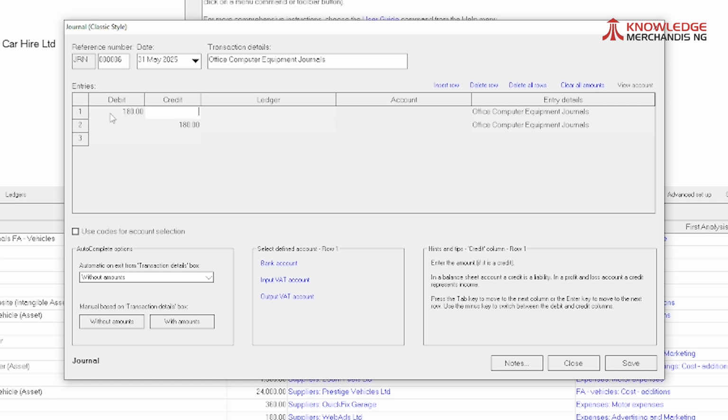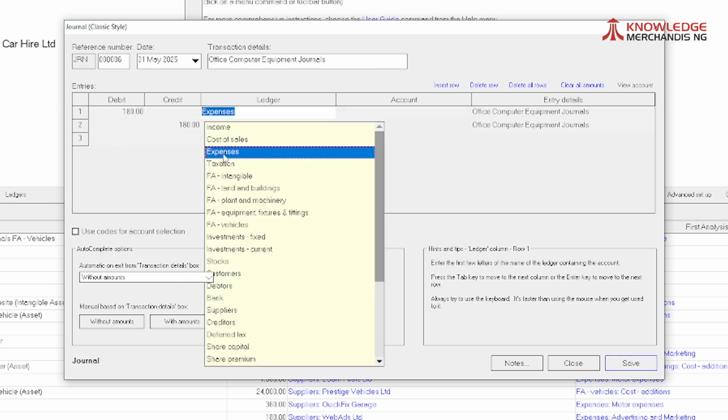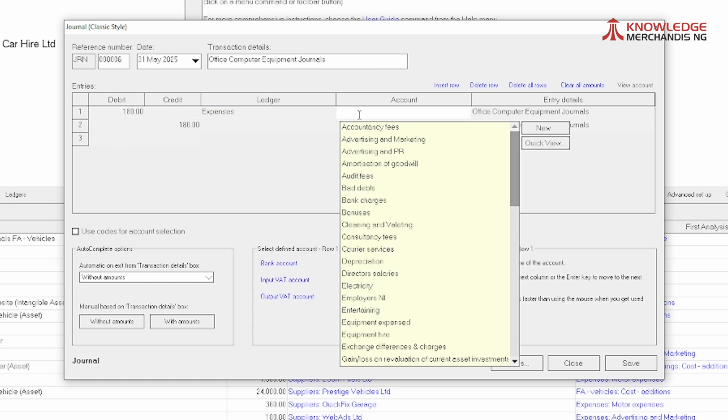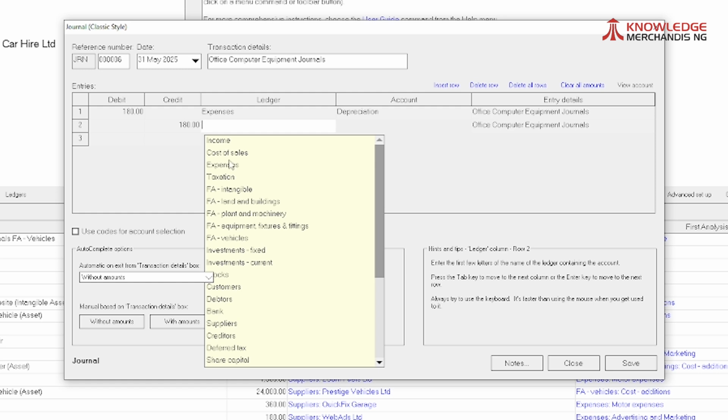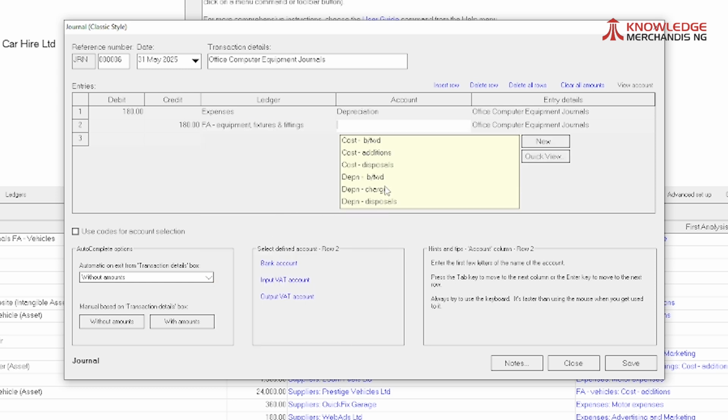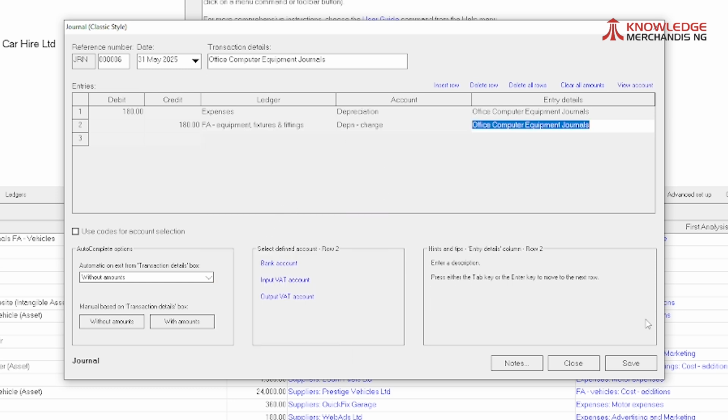It's an expense, so let's put it to expense. So it's a depreciation charge. Now we have to take that off, reduce it by the depreciation. It is equipment fixture fittings, so depreciation charge for the year.